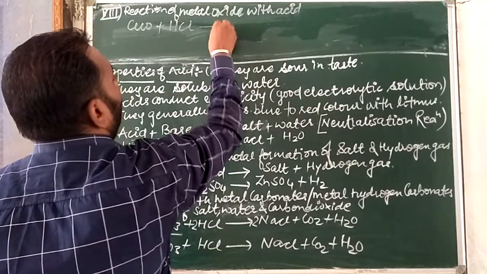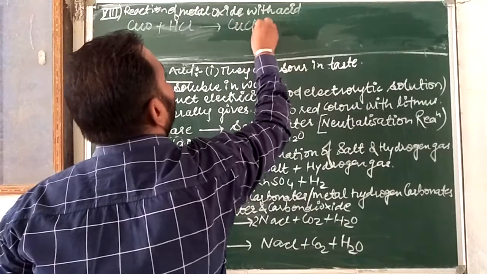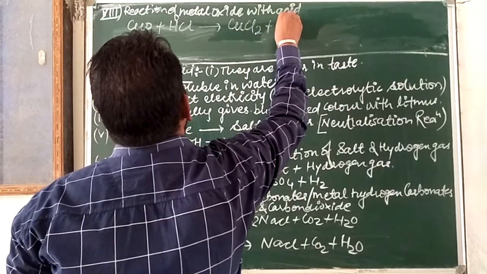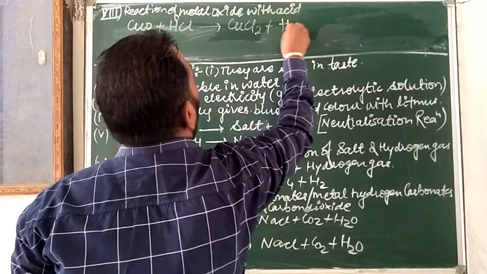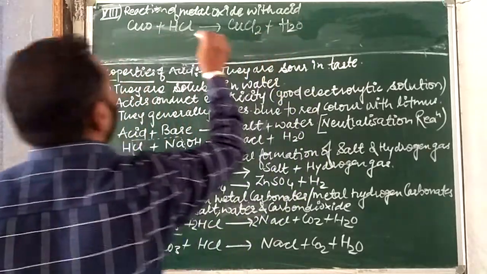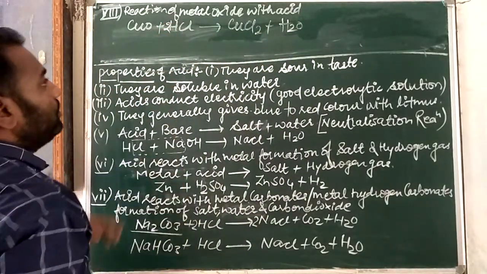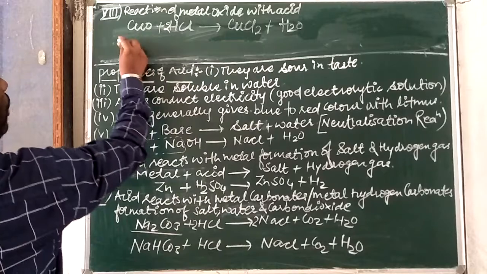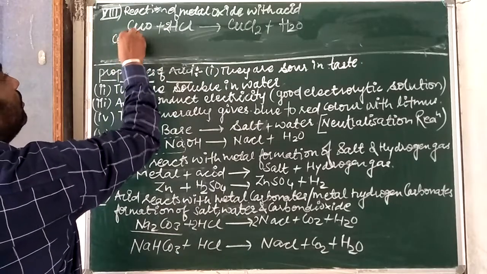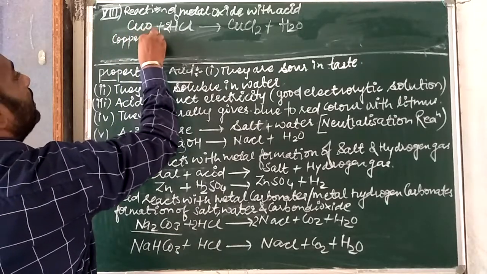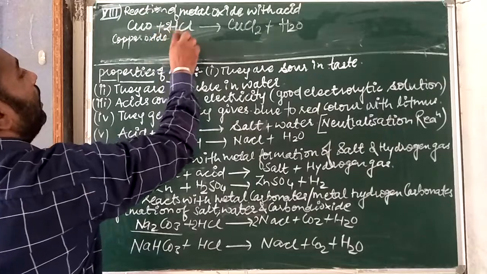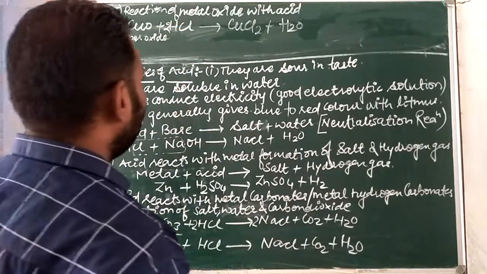So formation of CuCl2 plus H2O, because here we have to write CuCl2. This is copper oxide, and this is acid.